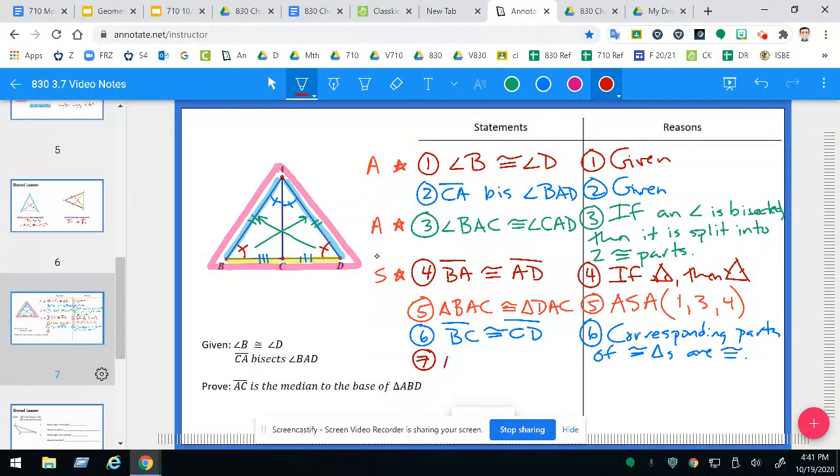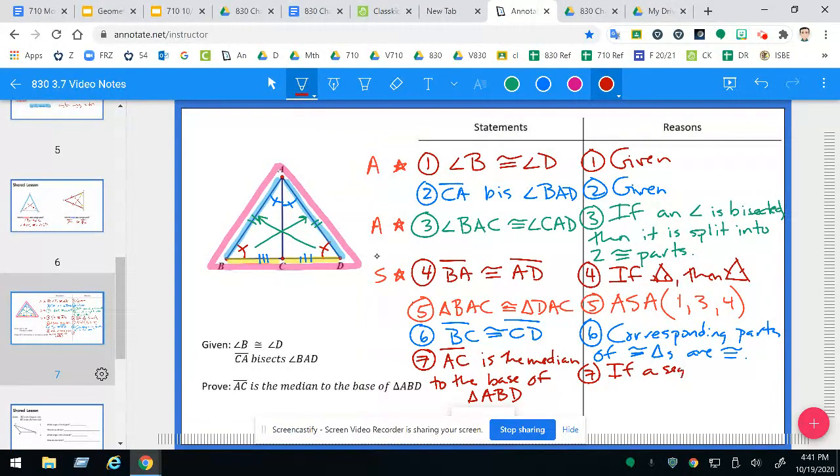So we're going to go ahead and call it one. So AC is the median to the base of triangle ABD. And now we've got that pretty lengthy definition, right? We have to write out the whole thing.